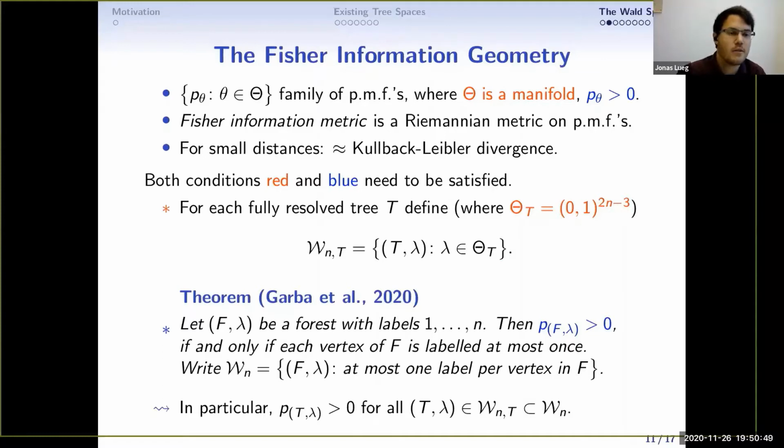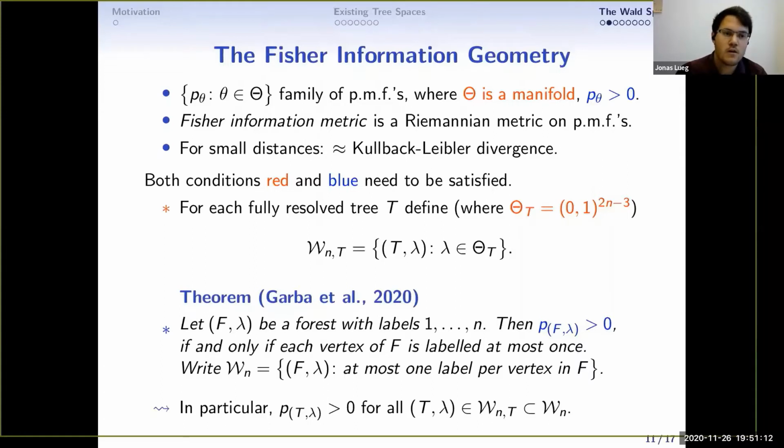The first three bullet points are roughly the definition of the Fisher information geometry. What you need is a family of probability mass functions where the parameter space is a manifold. So that's our first condition. And also, the probability mass functions must be strictly positive everywhere.